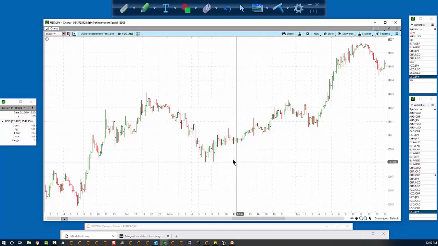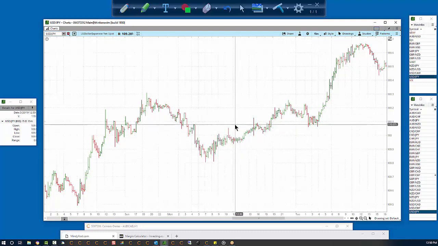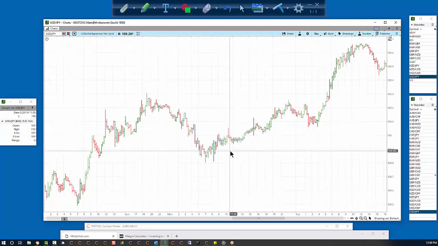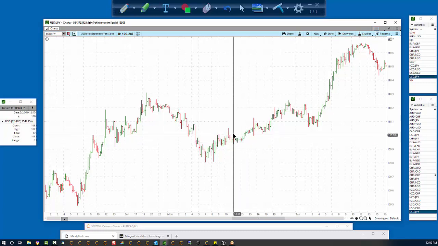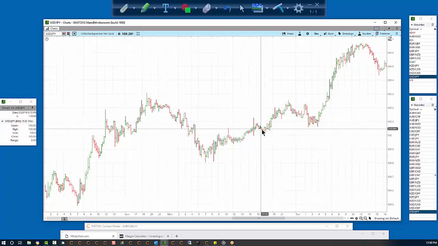Okay? Now, overreactive price action can happen during a trend, right? So just because the price is trending up, that doesn't mean that we can't make money off of sells along the way, and buys, right?